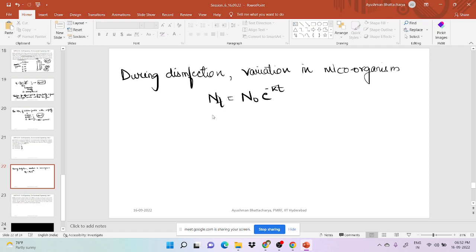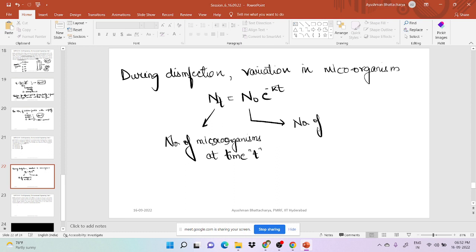Here Nt means the number of microorganisms at time t, and N naught means the number of microorganisms at time t equals 0.